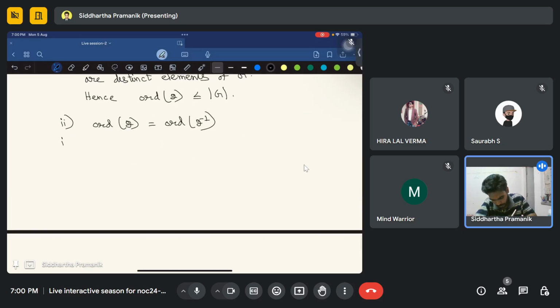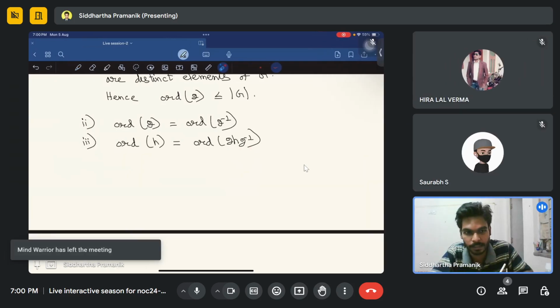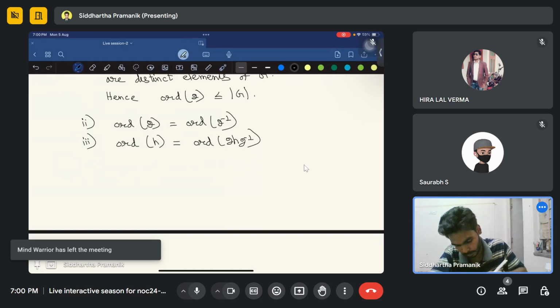The third one is, order of the element h is the same as order of the element g h g inverse. Remember, g h g inverse is a conjugate of h. So conjugate elements have the same order.